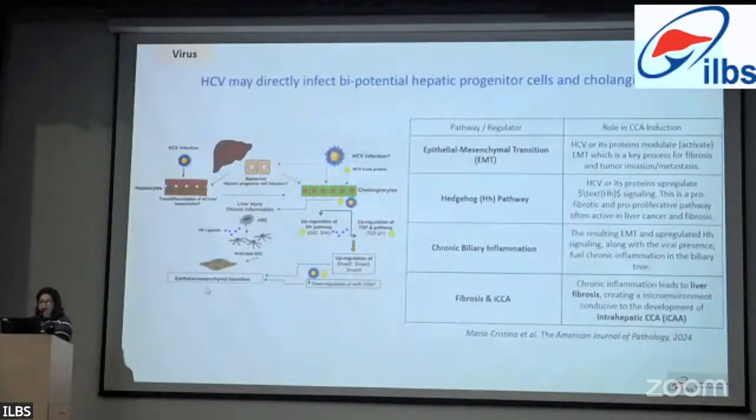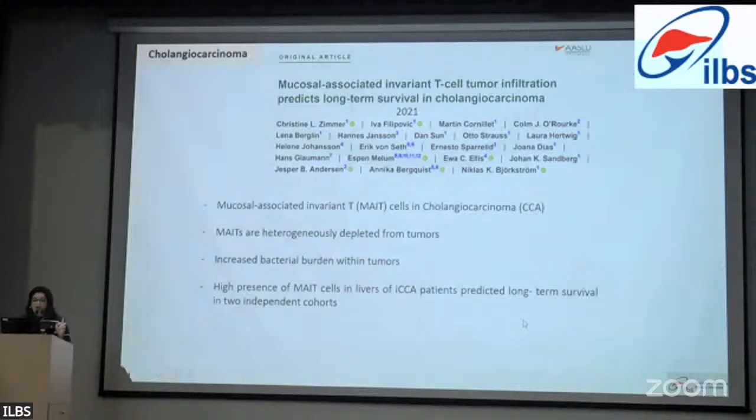In fact, I found one more publication showing that during cholangiocarcinoma, crosstalk between hepatic progenitor cells and cholangiocytes leads to more inflammatory cell activation, and that leads to more fibrosis, which leads to cholangiocarcinoma. As I said, cholangiocytes also have the mucosal-associated invariant T cell receptor on them.